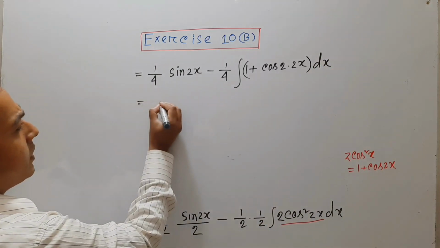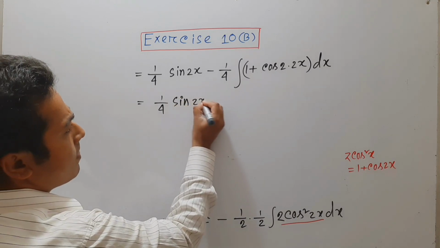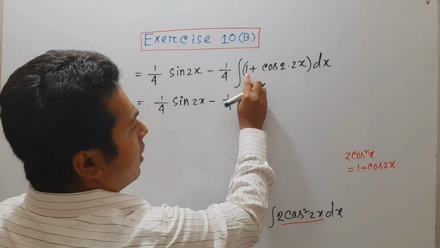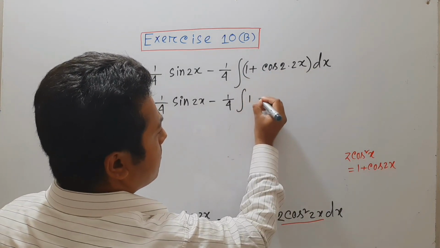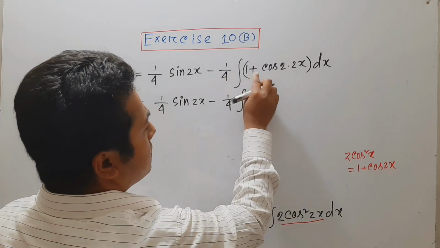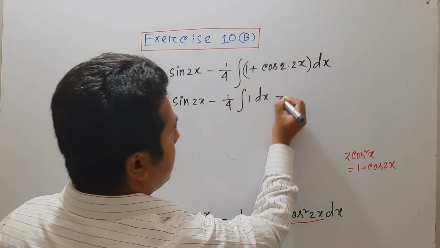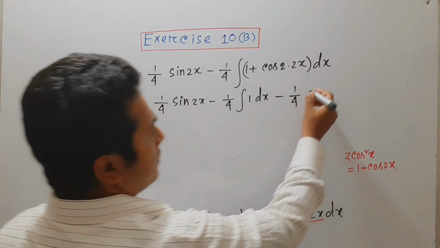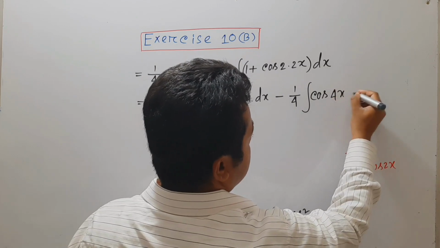Okay, then 1 by 4 sin 2x minus 1 by 4, 1 into dx, and plus, multiplication of plus and minus is equal to minus 1 by 4 integration of cos 4x dx.